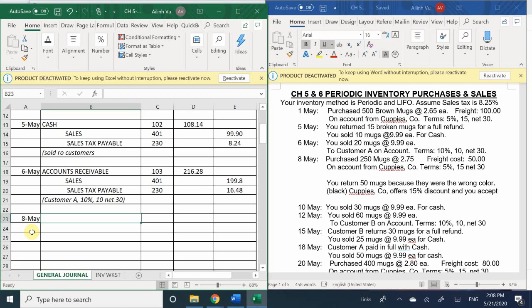So, what do our accounts look like? That's a purchase expense. Purchase expense and freight expense.